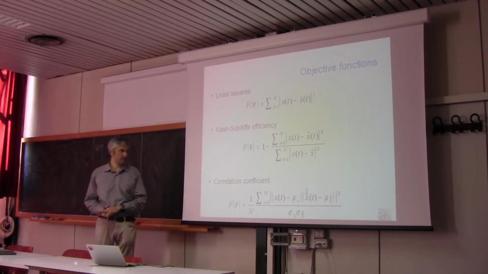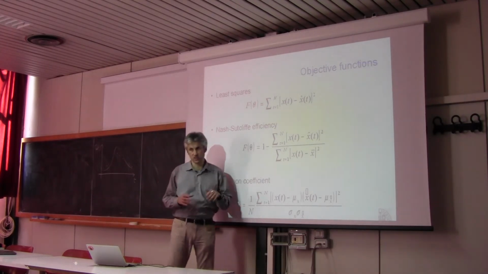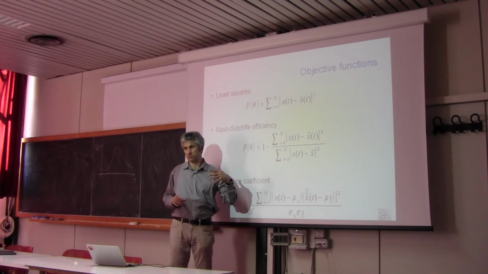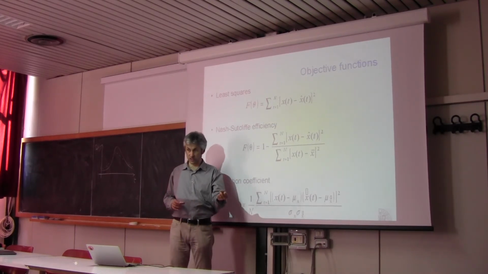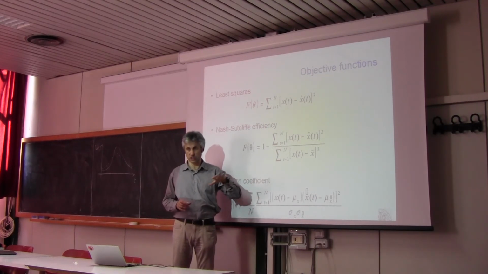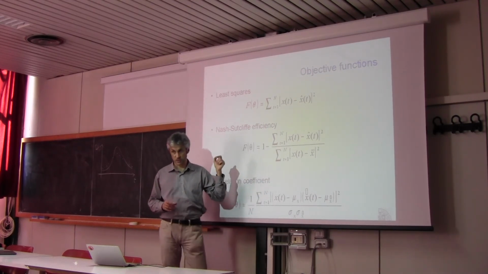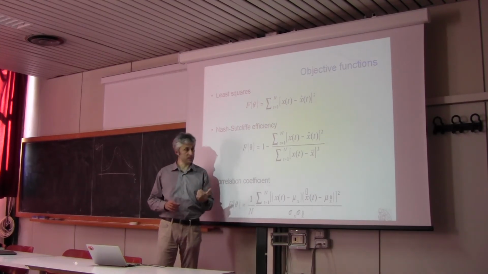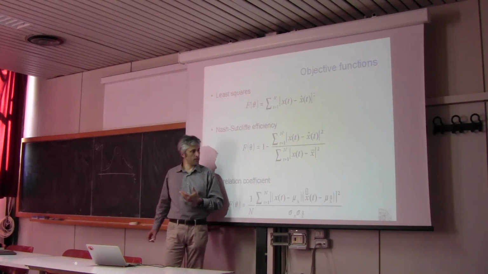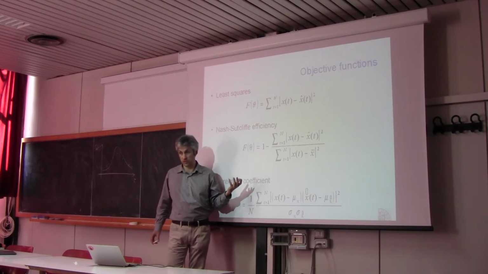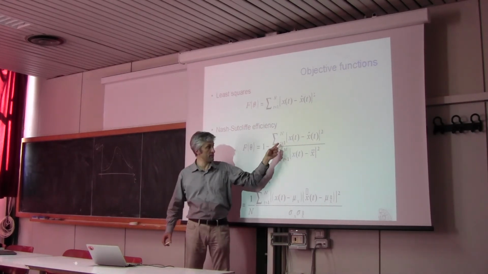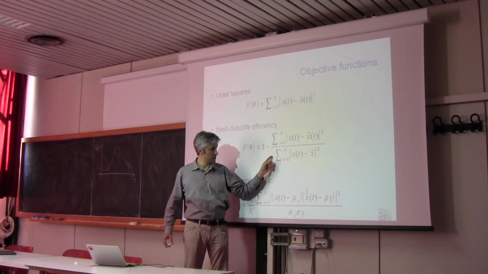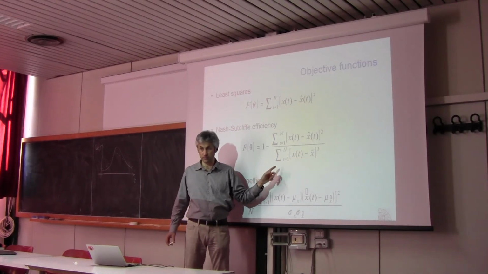Now, let's see what happens for decreasing model performance. We know that the efficiency decreases. Very often we drop Nash-Sutcliffe and we just say efficiency. The efficiency decreases. And is it possible to get a value of 0 for the efficiency? Yes, of course. You get a value of 0 when the sum of squares is equal to what we have at the denominator.